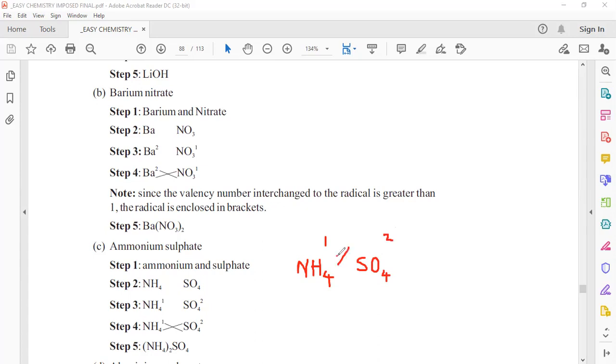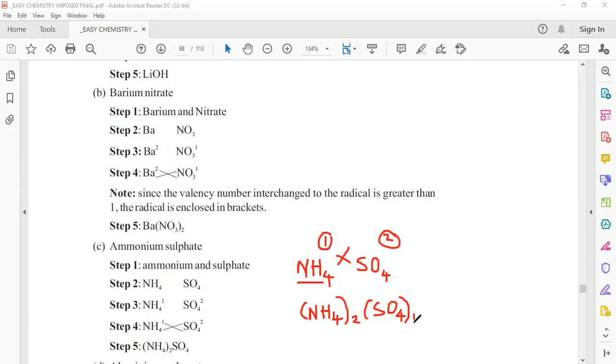When you interchange, this is a 1. A 1 has got nothing to do with it; when you multiply a 1 with anything, you get that anything. But a 2, definitely, you have to put this in brackets, because the 2 is affecting both nitrogen and hydrogen. So NH4, then we put a 2 outside. If you want, you can do SO4 then 1.